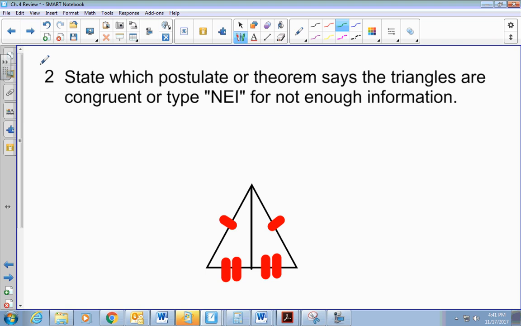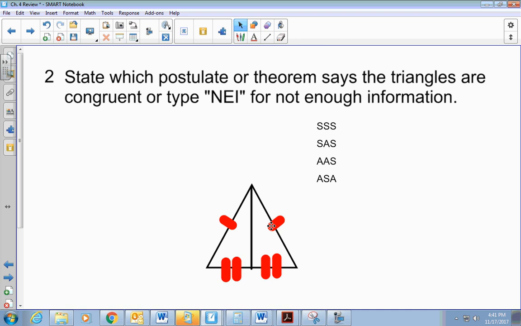All right. Next question is state which postulate or theorem says the triangles are congruent or type NEI for not enough information. So I'm going to pull up our options. So you want to look at our figure. We have two triangles rolling around right here. We know that two sides are congruent already.